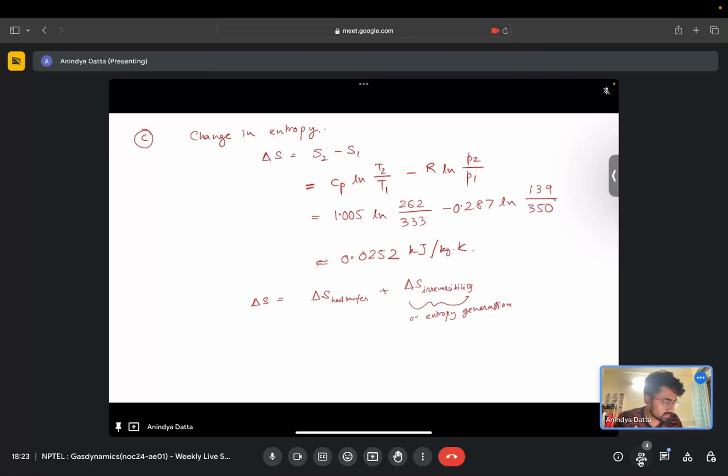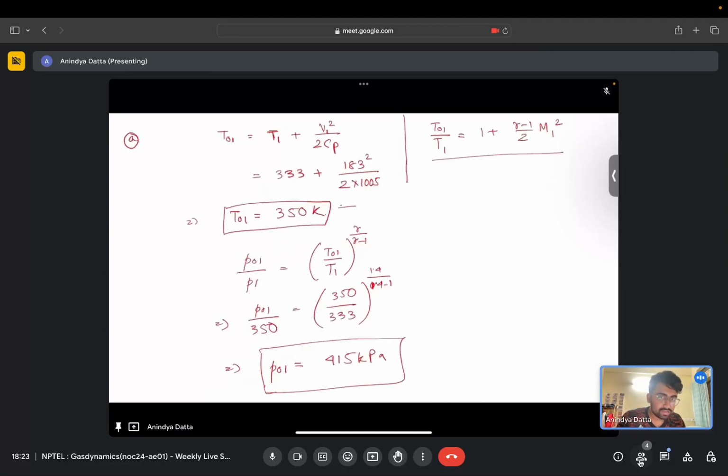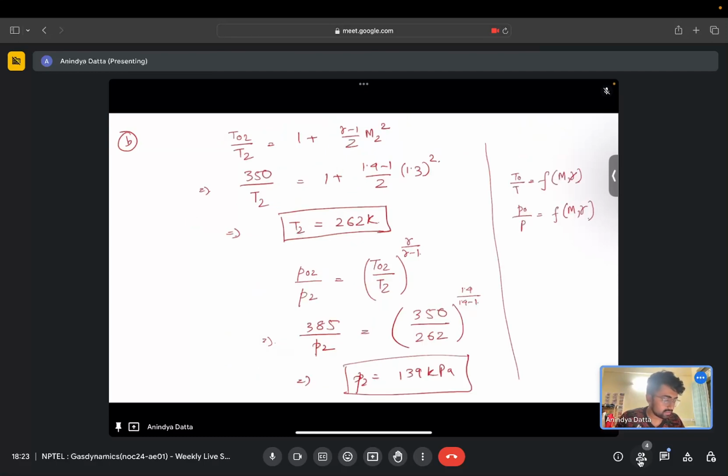If we note here, for this question we will see that the stagnation temperature at the outlet is 350 and the stagnation temperature at inlet is also 350. What can we conclude from this?